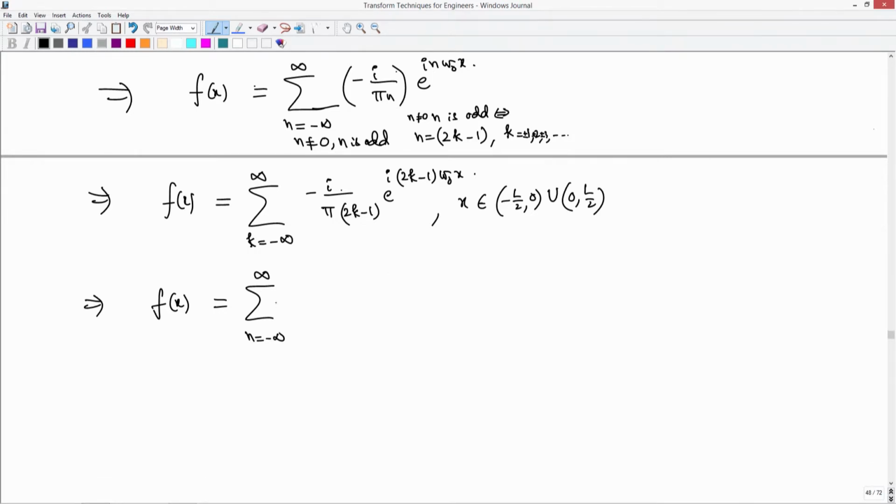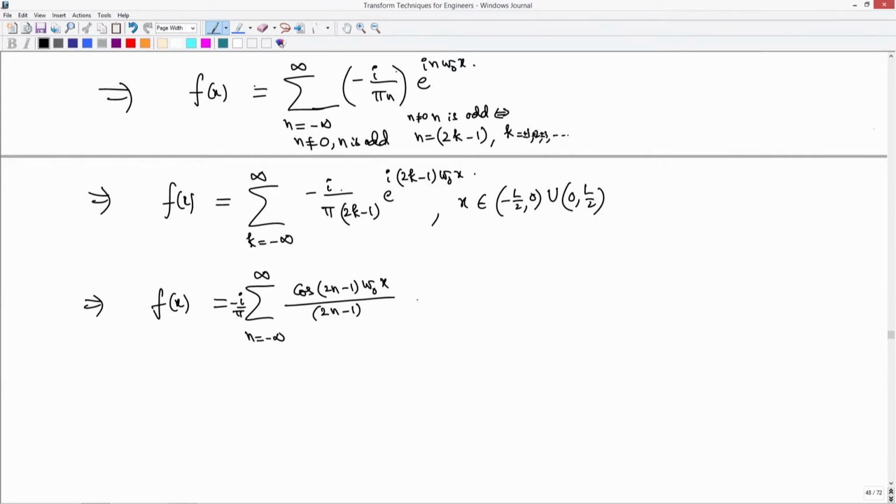So, if you write the real part and imaginary part of this complex number separately, the imaginary part is minus i times the sum of cos of (2n minus 1) omega naught x divided by pi times (2n minus 1).